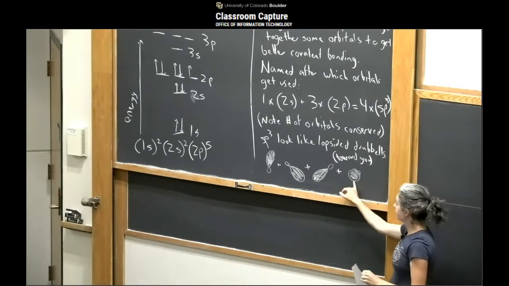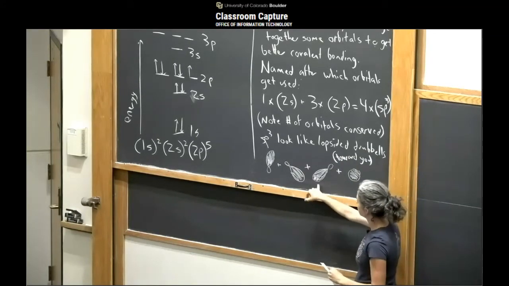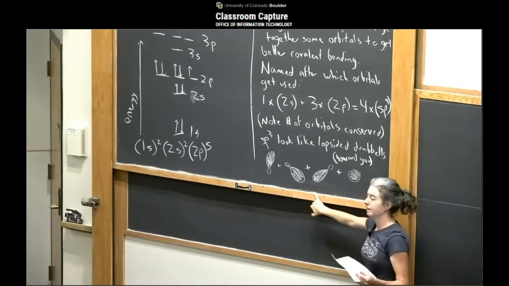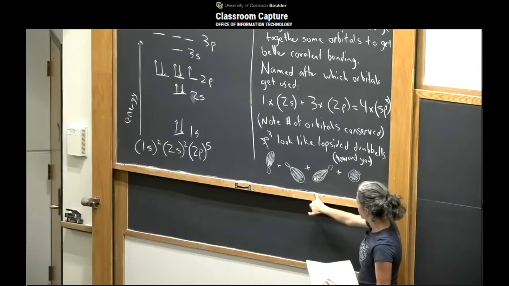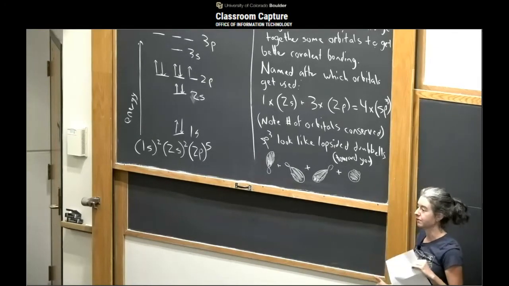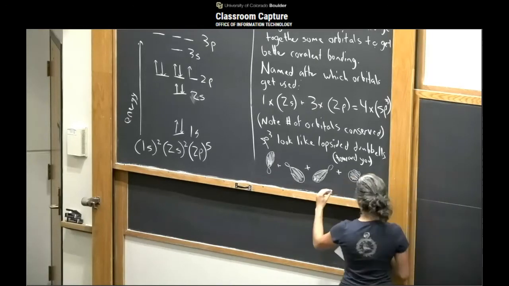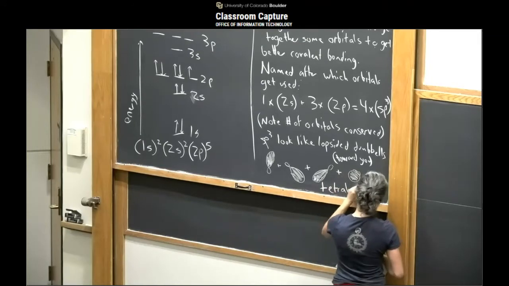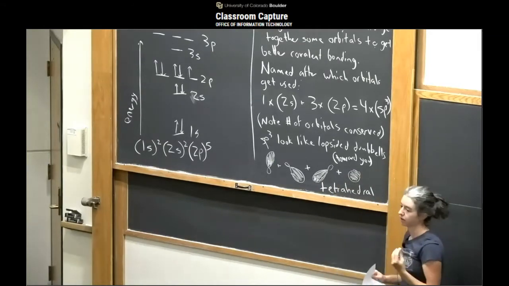By combining the function for the s orbital and all 3 of the p orbitals, you end up generating 4 new orbitals that point out at the corners of a tetrahedron. So you get tetrahedral geometry out of it this way.